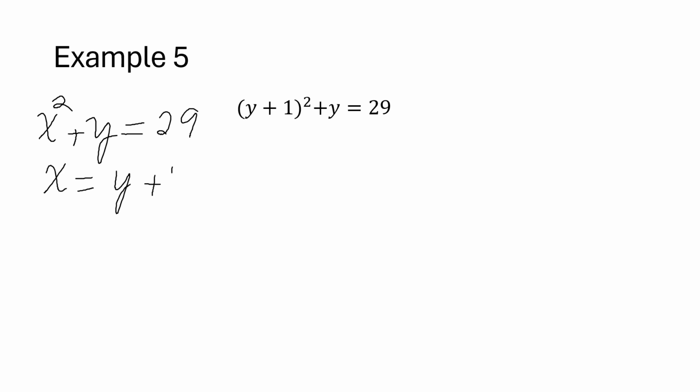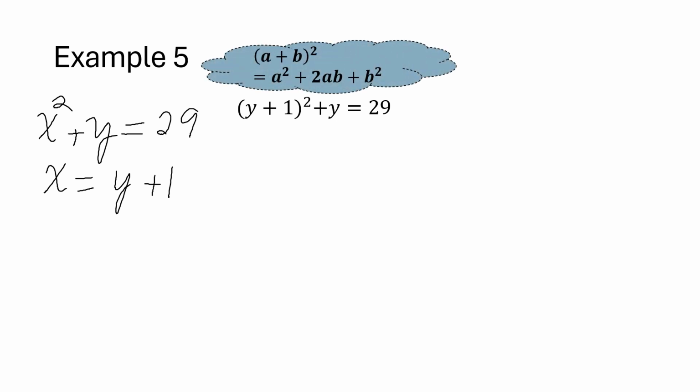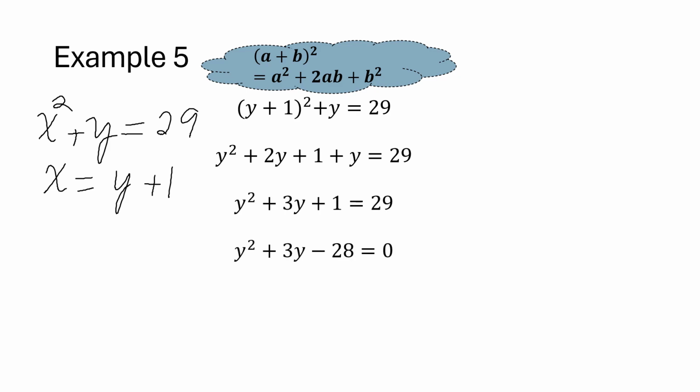So we substituted x for y plus 1. Now we can FOIL y plus 1 squared using this formula, and then simplifying and combining terms, we're gonna get y squared plus 3y minus 28 equals 0.